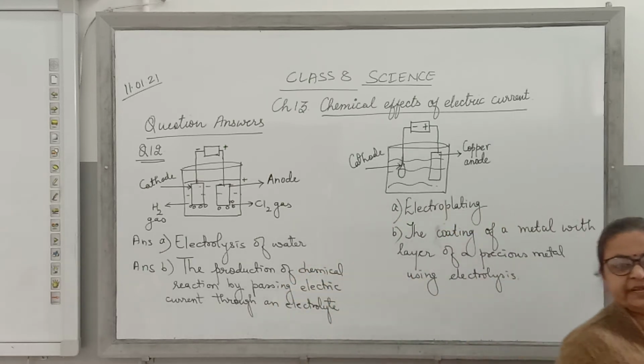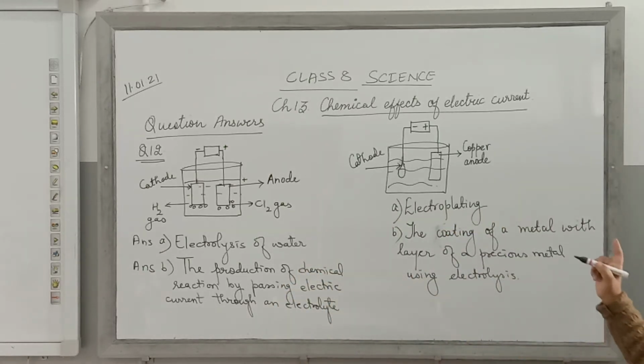So, we have labeled the diagram, we have written the name of the process, and we have written the definition of the process. Now, let us go to the 14th question.